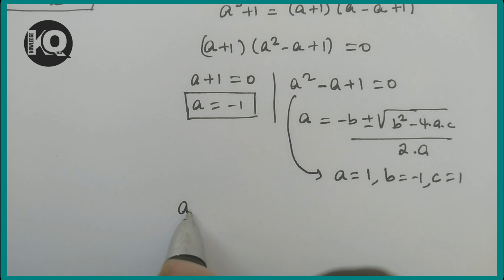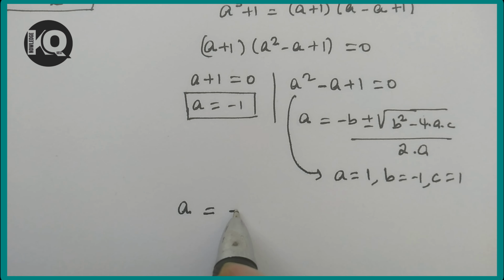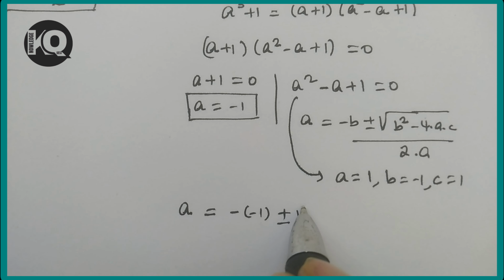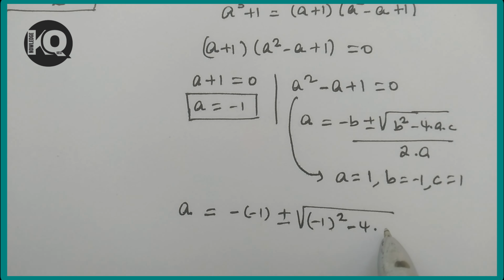So our value of a is equal to minus of minus 1 plus or minus the square root of b, which is minus 1 square, minus 4 times 1 times 1, divided by 2 times 1.